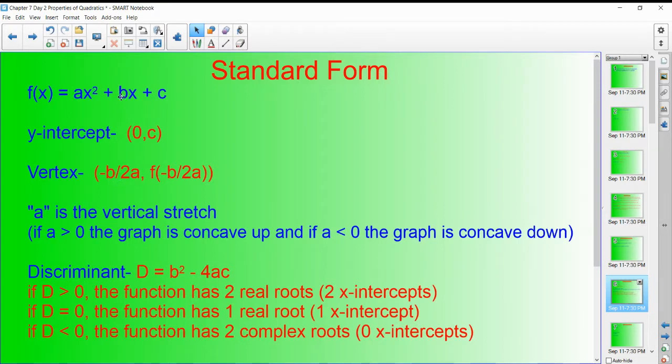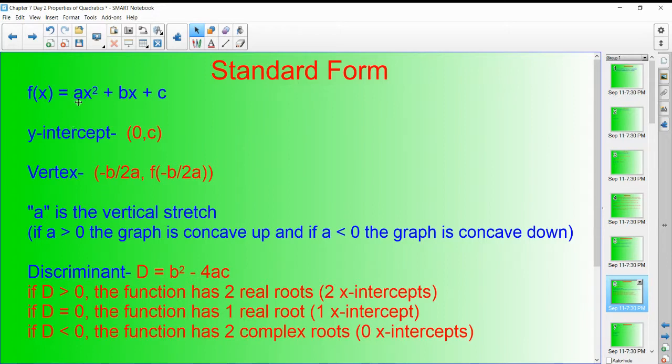So you take the opposite of b and divide it by 2 times a. And whatever x value you get, you put into the equation to get the y value, or the f of x value. So f of negative b over 2a means take whatever x value you find, put it into the equation, and evaluate for y, or f of x.